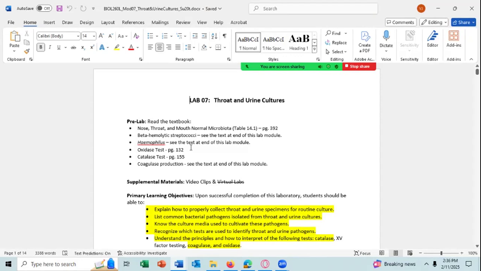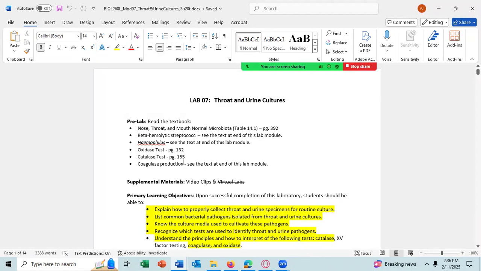There's also a little discussion about Haemophilus, that family of bacteria, specifically Haemophilus influenzae, also in the appendix of this lab module. And then there's a page to read about the oxidase test, another page to read about the catalase test. And then there's a little bit to read about the coagulase test in this lab module. Any question about any of that?